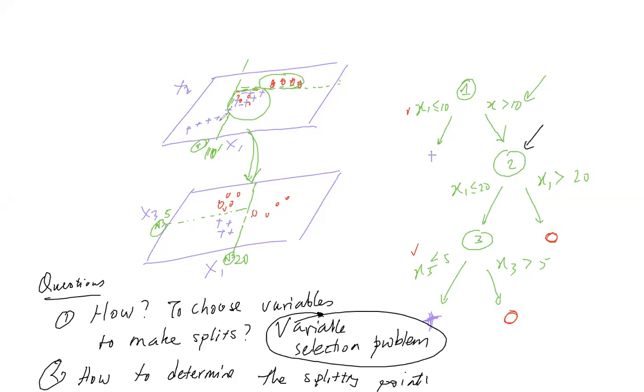The question is, why do you split in this line? Why don't you split here or here or here, right? How do you decide whether you split at this point and not at other points, okay? Like why split here and not split in other points? Okay, so these are the two questions.